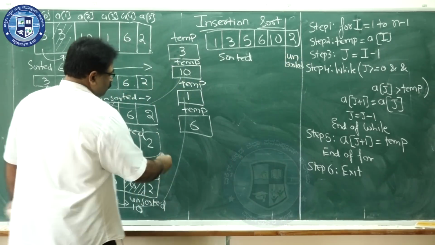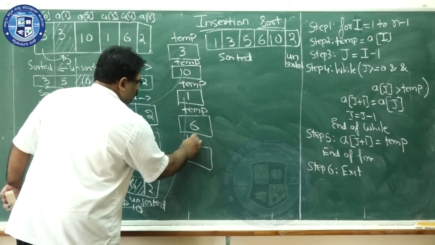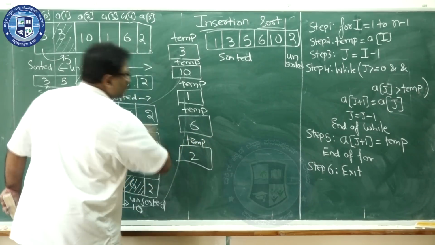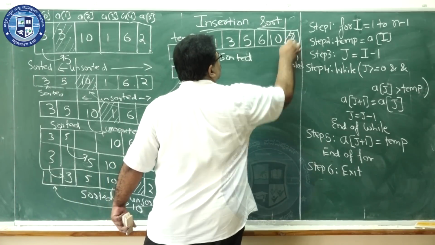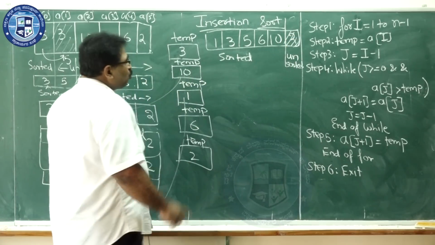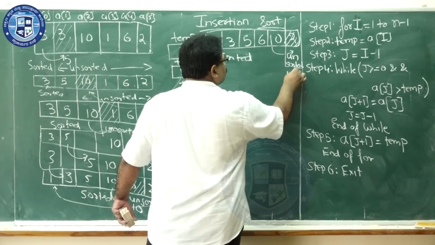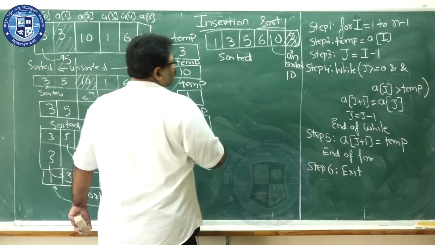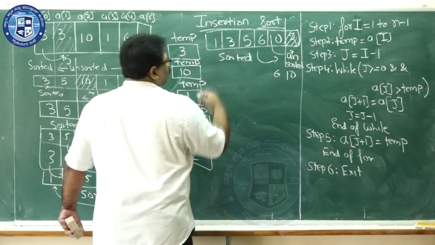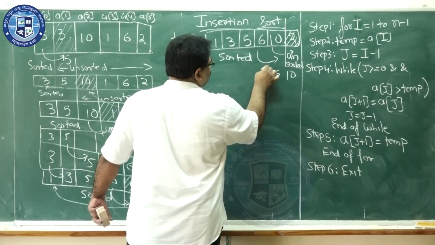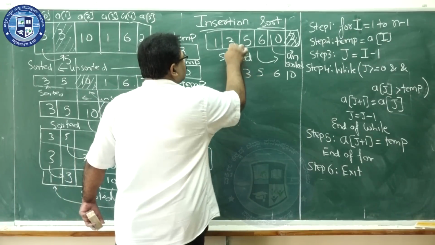The same procedure. Push 2 here. That means this is empty. 2 and 10, 10 will be shifted. 2 and 6, 6 will be shifted. 2 and 5, 5 will be shifted. 3 and 2, 3 will be shifted.